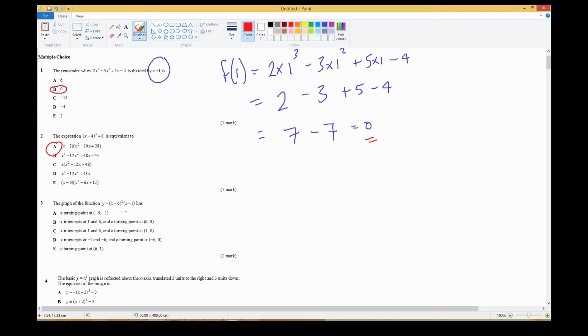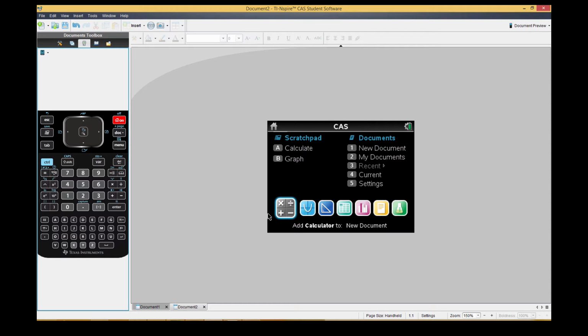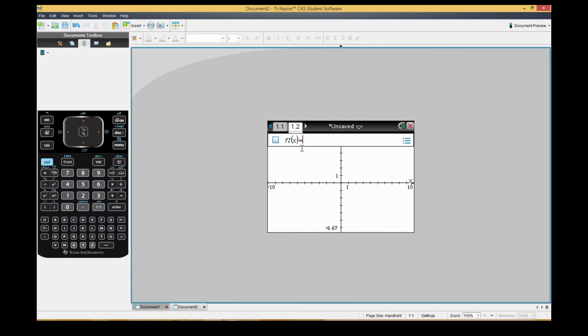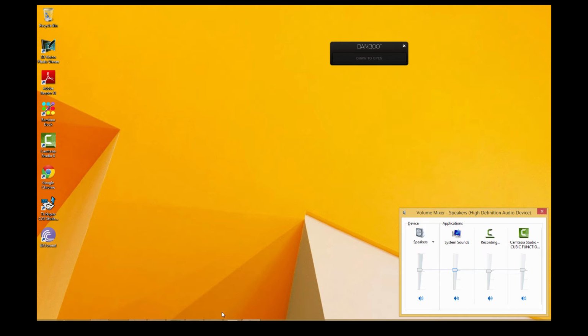Anyway, this equation here, the best thing to do is put this into the calculator again. So this time we're going to graph the function. Let's have a look what it is again. So it's x minus 6 squared.